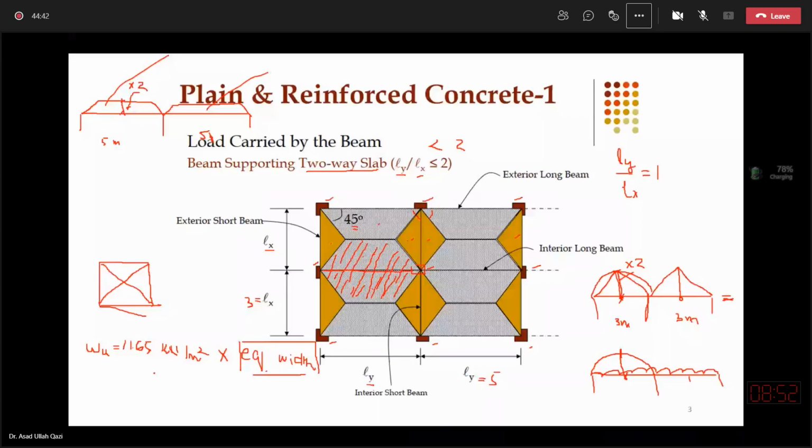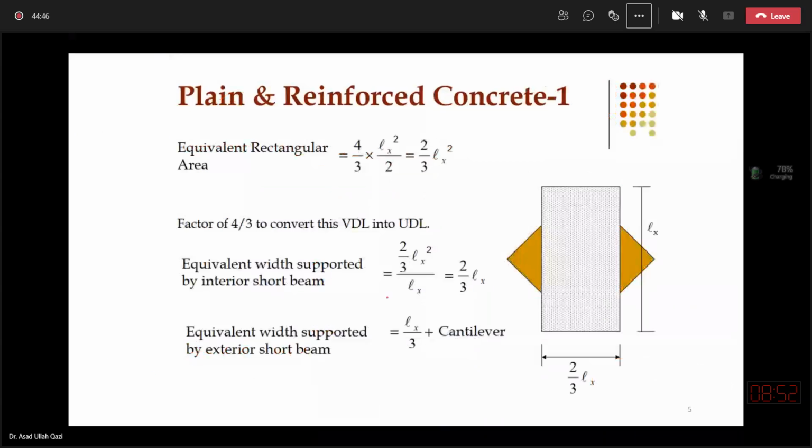For triangles, the equivalent width will be 2 by 3 LX if this is a beam which is interior and it has two triangles.